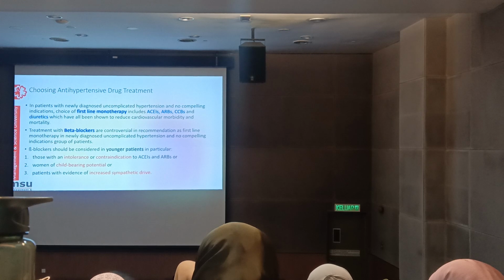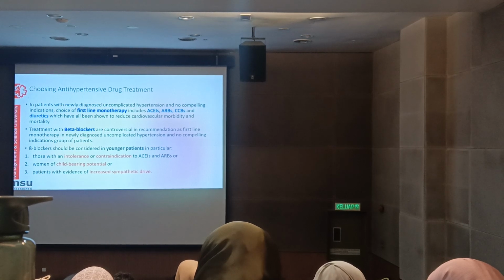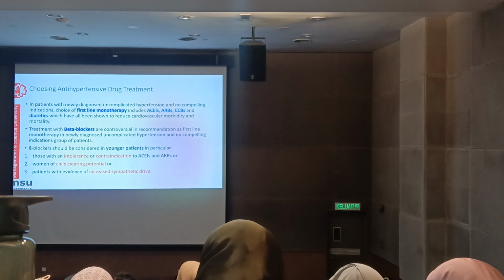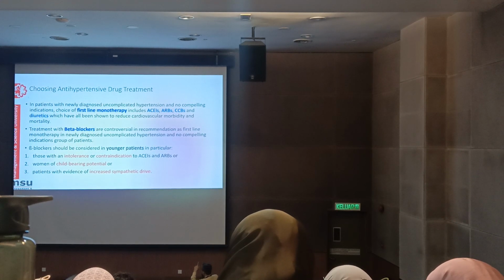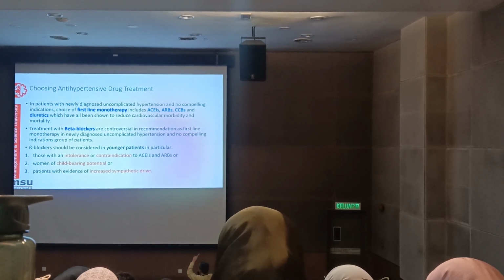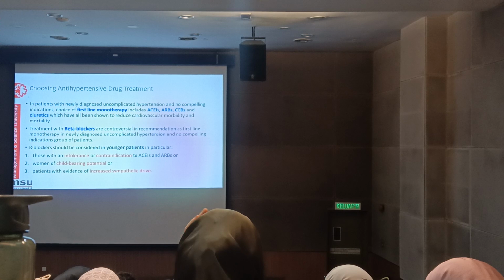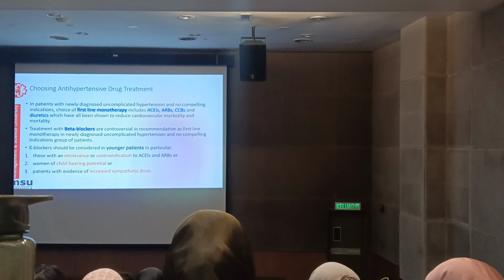Okay. Beta blocker should be considered in young patients. If I consider beta blocker as the first line, the first point is a young patient, particularly one intolerant or contraindicated to the other classes, like ACE inhibitors or angiotensin receptor blockers.